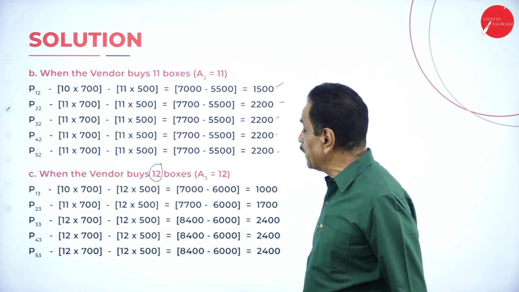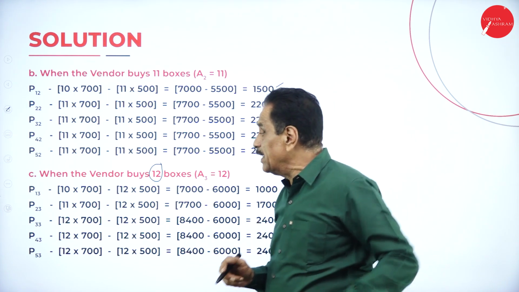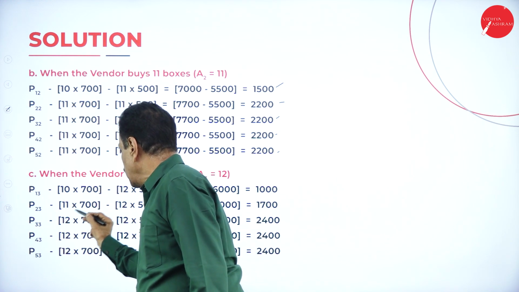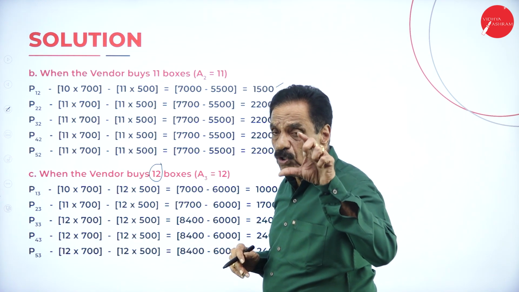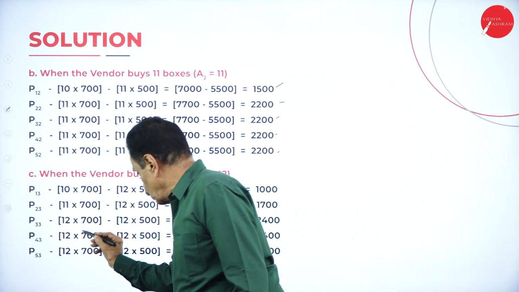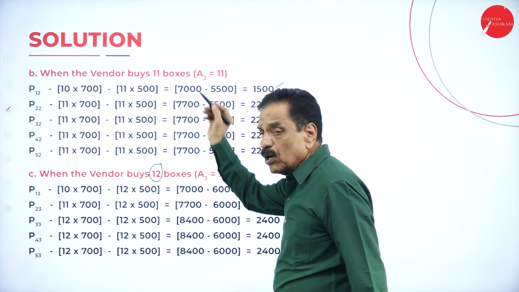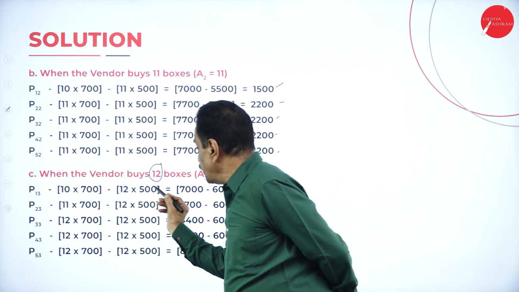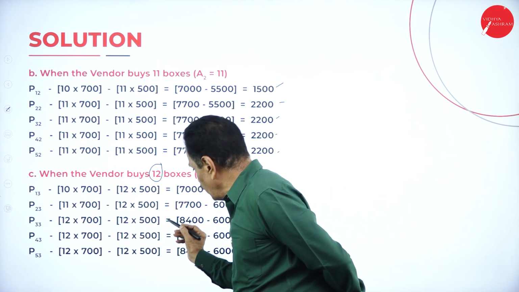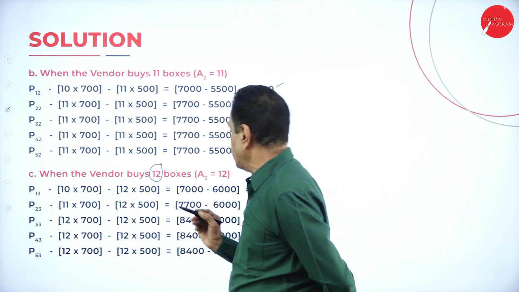So when the vendor buys 12 boxes, first 10 and 11 should be retained. 10 into 700, 11 into 700, that's old. New one is 12: 12 into 700, and here all 12s, 12 into 500.